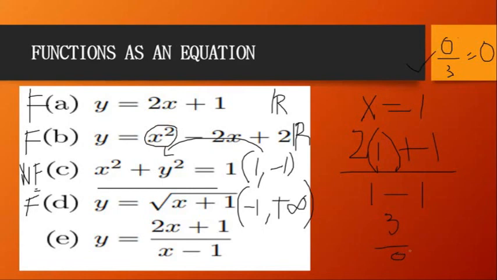Pero kapag ang 0 natin is nasa denominator, this is an irrational function. Okay? Pero function pa din yon. Yun nga lang, irrational na siya. Tama? Ang tawag natin dyan is undefined number. Pag sinabi nating undefined number, existing number yon. Yun nga lang, hindi natin matukoy ano ba yung eksaktong value niya.